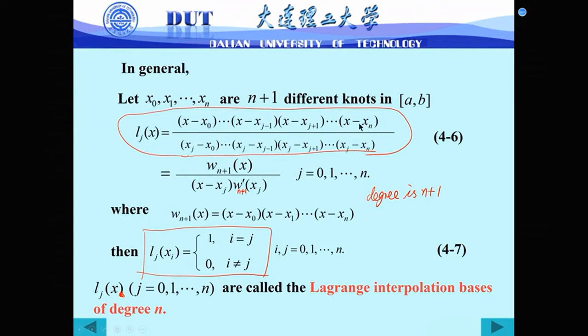And in the denominator, replace x by xj, because here it is lj, right? So (xj minus x0) multiplied by (xj minus x(j-1)), and multiplied by (xj minus x(j+1)), up to (xj minus xn).